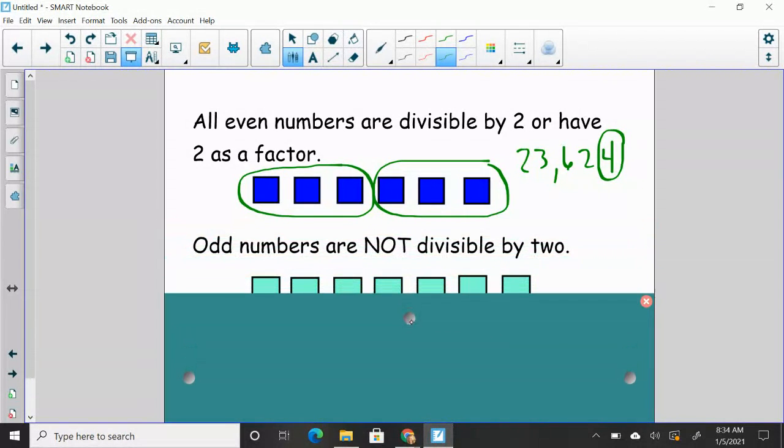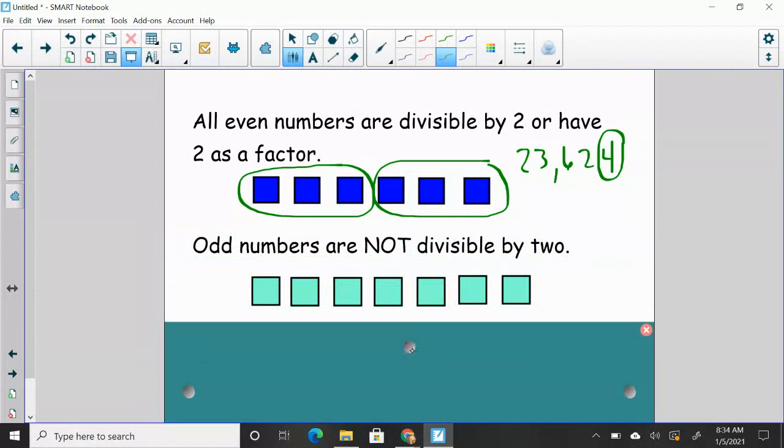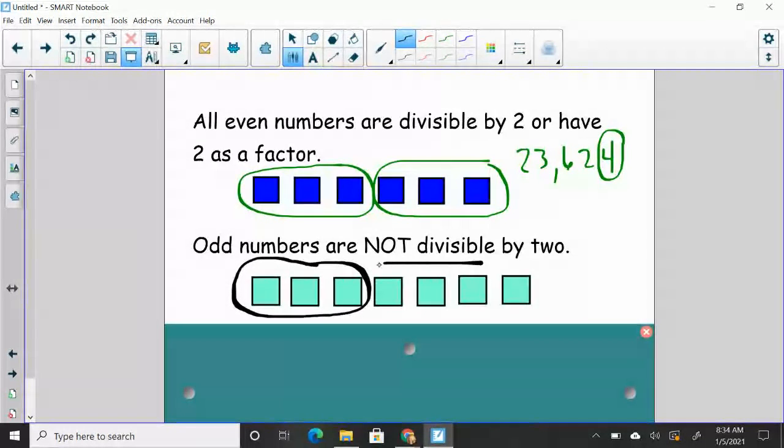Odd numbers are not divisible by 2. So if I had 1, 2, 3, 4, 5, 6, 7 cubes, 7 is odd, I am not going to be able to divide this group of cubes into 2 equal groups. I will always have 1 extra or 1 left over. So odd numbers are not divisible by 2.